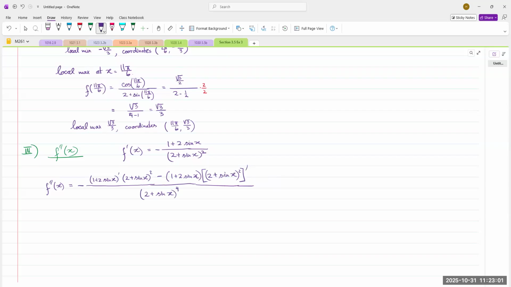Let me make it to the power of 4 right away, which is equal to, oh, I have a negative at the front.